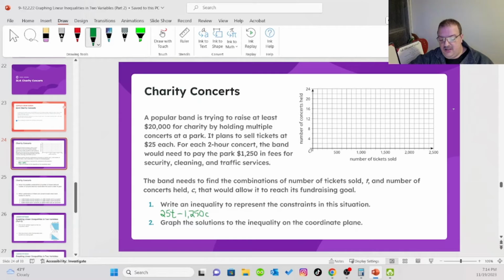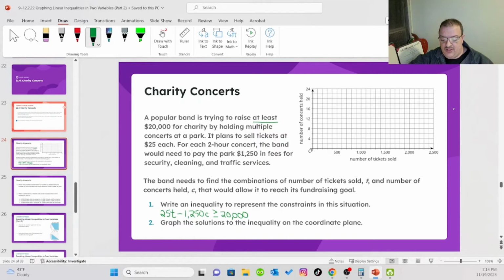And then we need to raise at least $20,000. So that means greater than or equal to 20,000. So this would be the inequality.